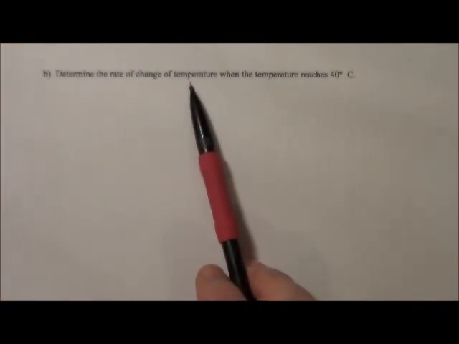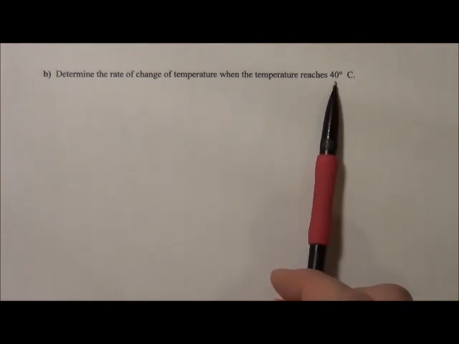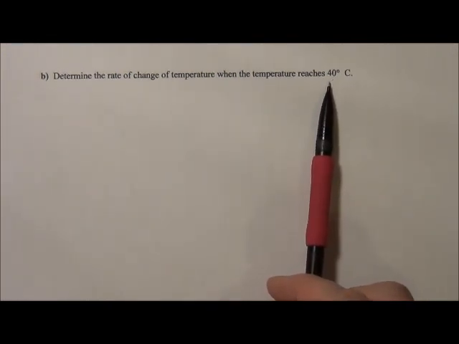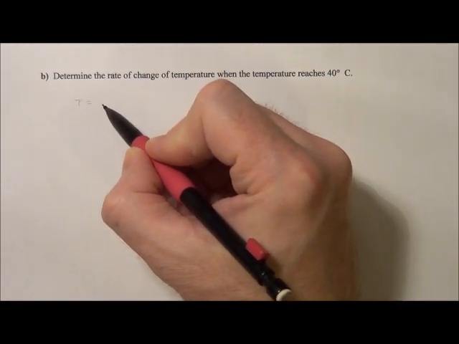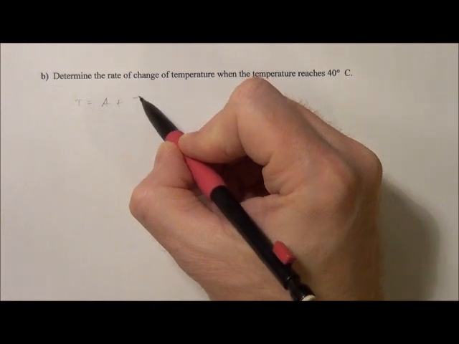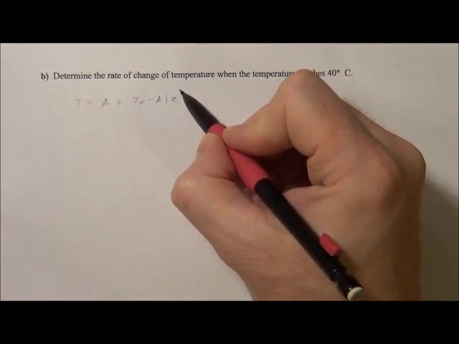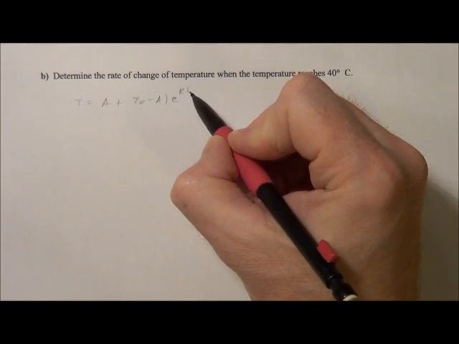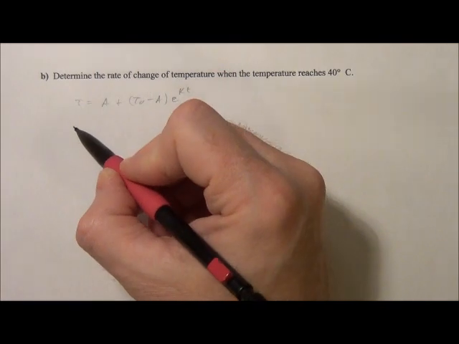to see what the rate of change is going to be, the rate of change of temperature at that time when the temperature does reach 40 degrees Celsius. So why don't we start off with the formula. And we'll put in the values later, but we can take the derivative of this.